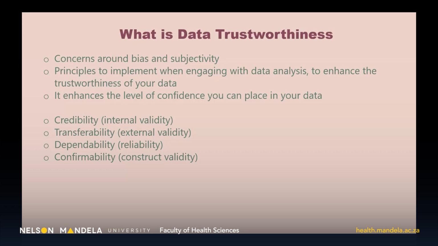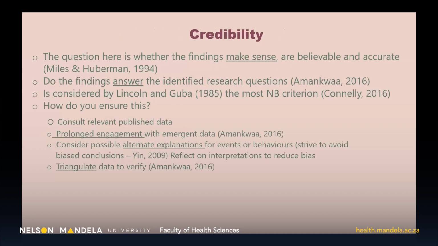In quantitative analysis, we would talk about reliability and validity. These are similar kinds of principles, but they have their qualitative names and descriptions and way of working within a qualitative analysis. So it's credibility, transferability, dependability, and confirmability. Okay, so credibility.